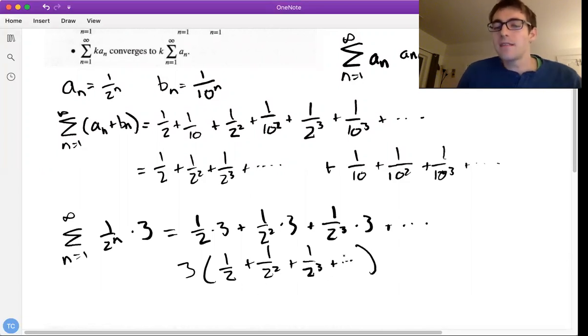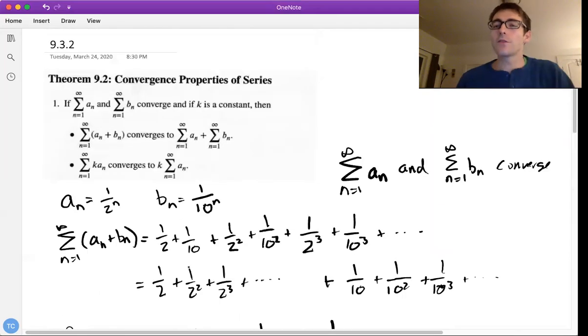Because the inside is a finite number multiplied by 3, it's still a finite number. Okay, so those are explanations for why these statements hold.